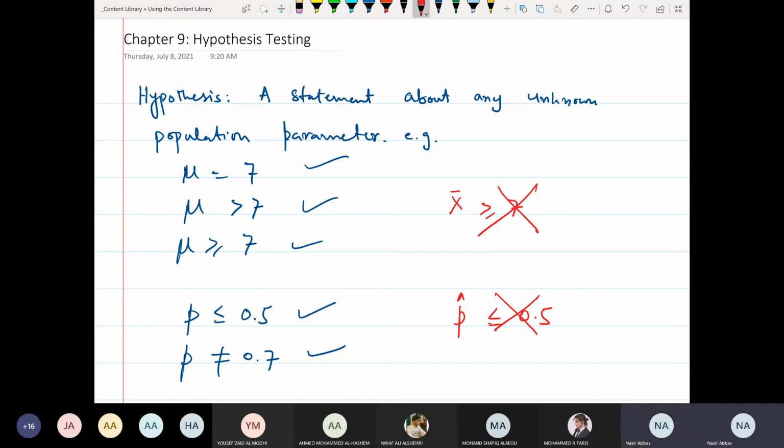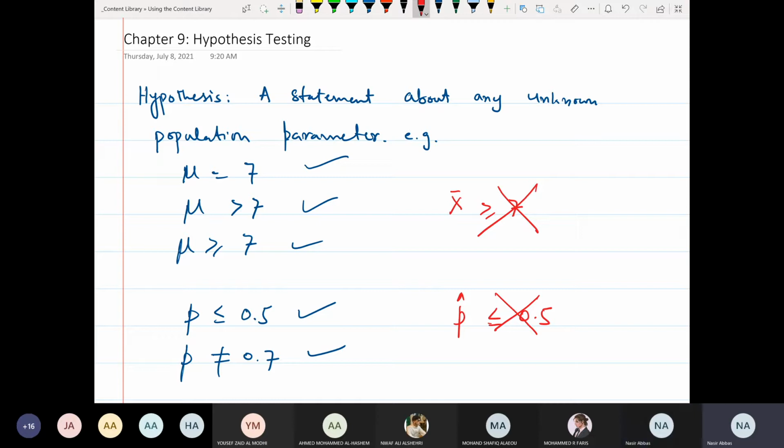So the meaning of this word hypothesis is that it is a statement, it is an assumption about the unknown population parameter. And specifically, we'll be interested in mu. I'll start with mu as my population parameter of interest.